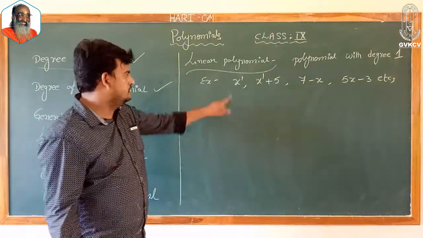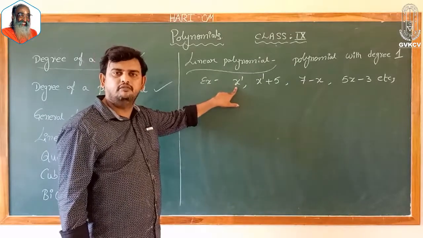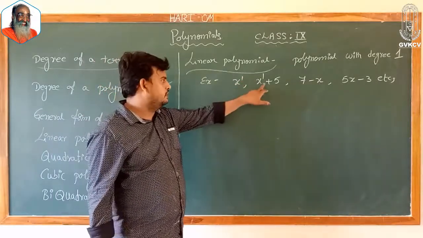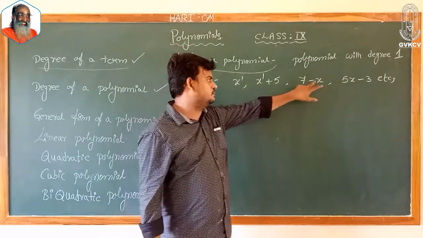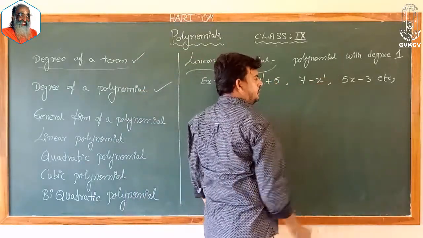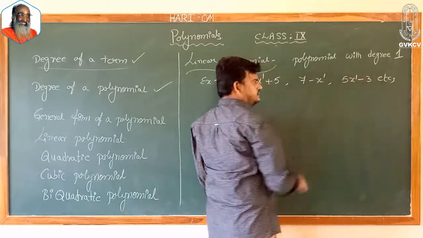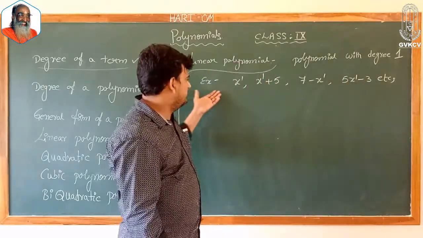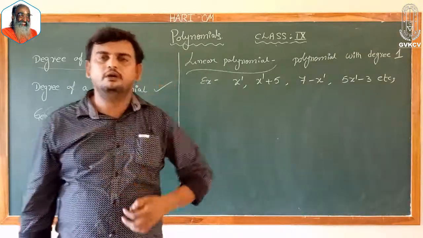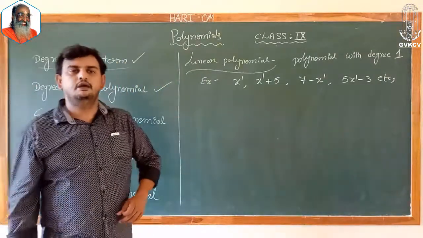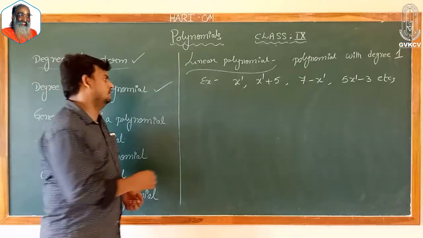Why? Because in all these polynomials the highest power of a variable is 1. In all these polynomials the degree is 1, so we can call it a linear polynomial.